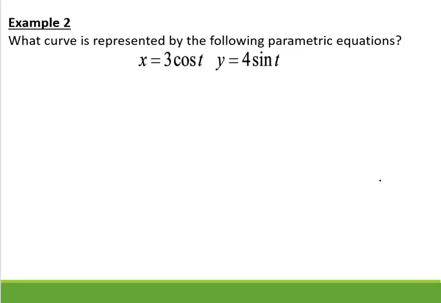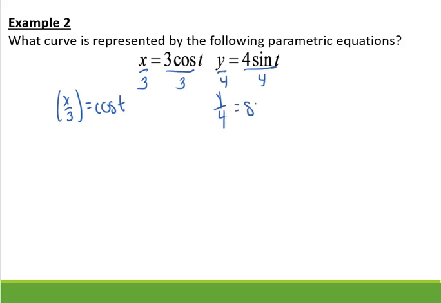What curve is represented by these functions? I'm going to divide the first equation by 3, so I get x over 3 is equal to the cosine of t. I'm going to divide this by 4, so I get y over 4 is equal to the sine of t.